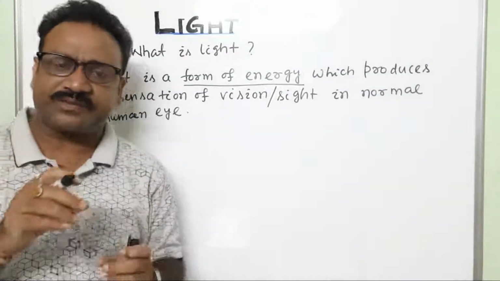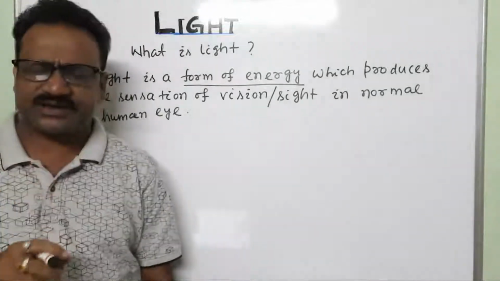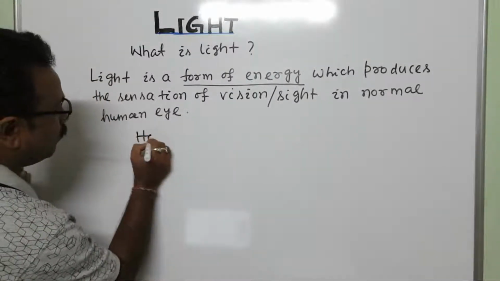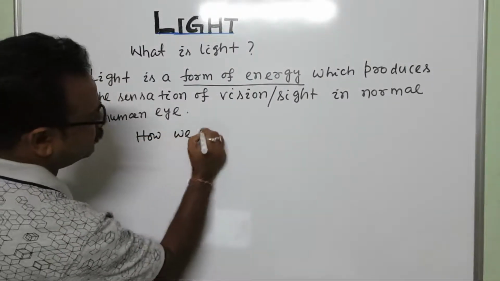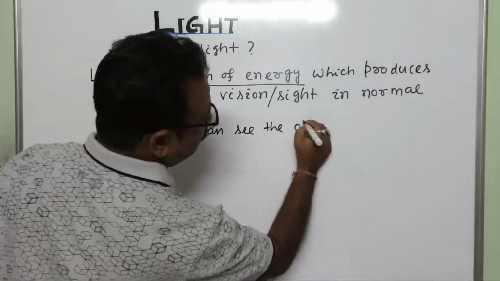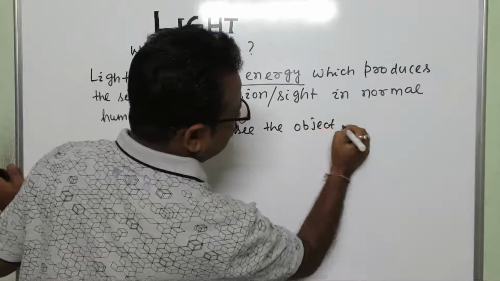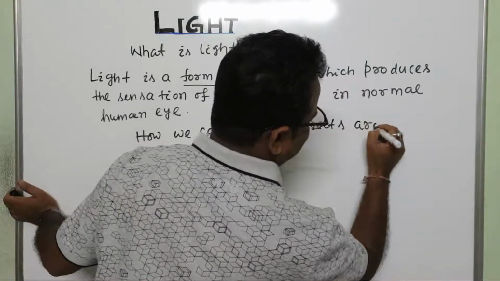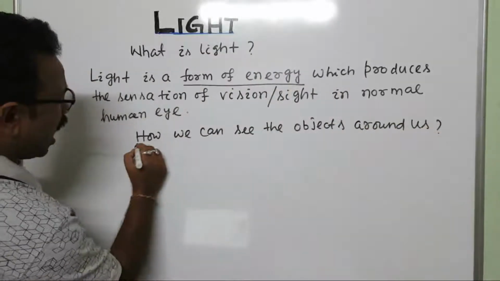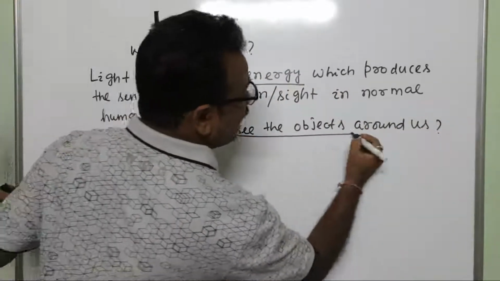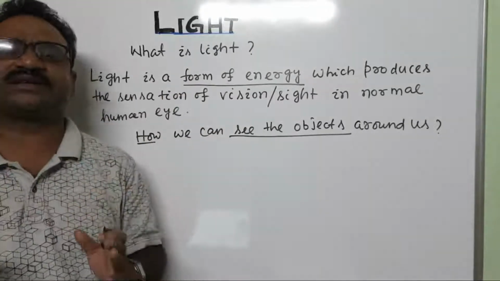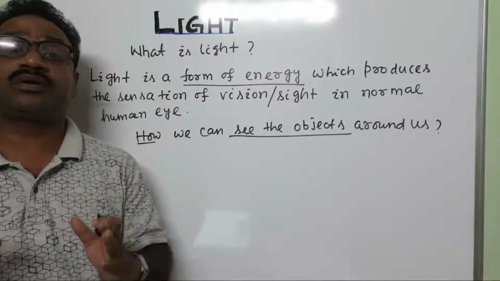We can see. So, how can we see the objects around us? Different objects are present all around us.